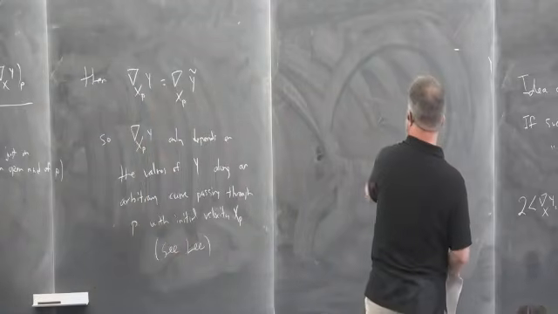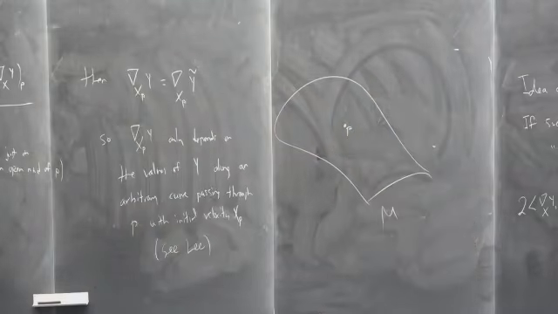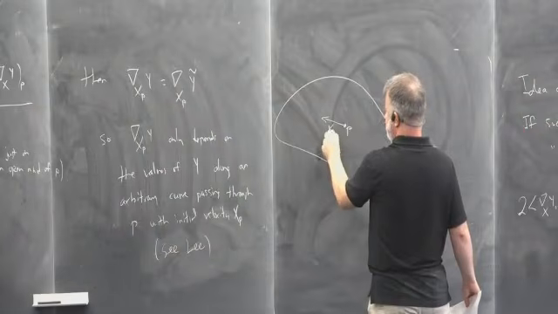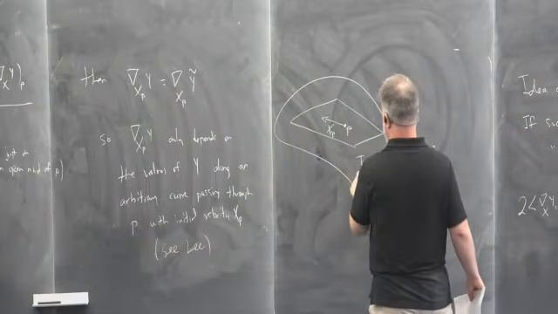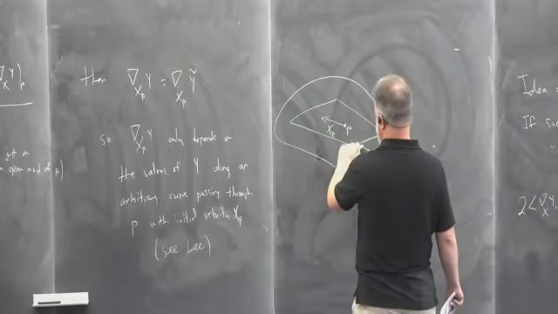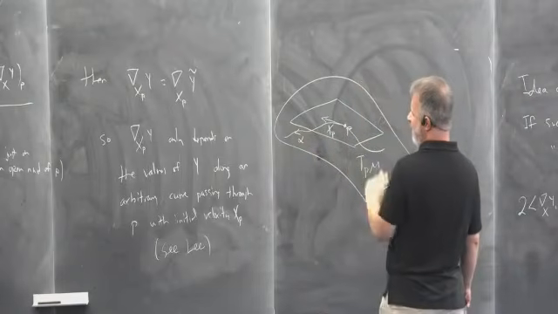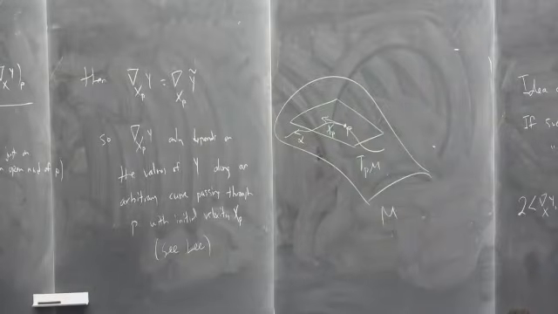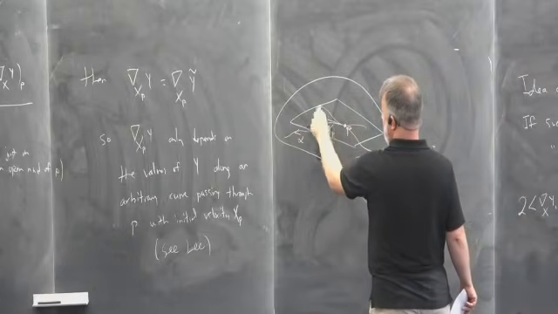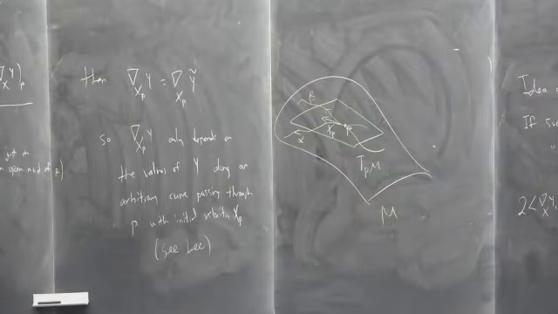So the picture: if this is the point P, and this is XP sitting inside TPM, then I can look at alpha passing through P and having initial velocity XP. I can also look at some other curve, let's say beta, with also initial point P and initial velocity XP.